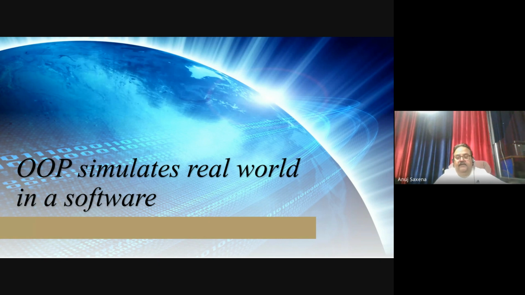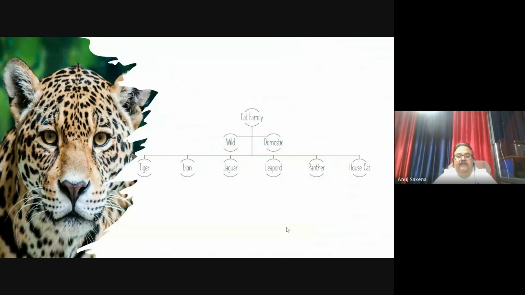Okay. We'll see how it works now. In this universe, since we have to make things closer to the human being, we have to understand how we are, how nature is, how the universe is. This universe is classified. As you can see, this cat family, we have a classification here also.